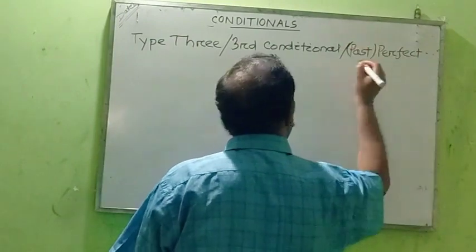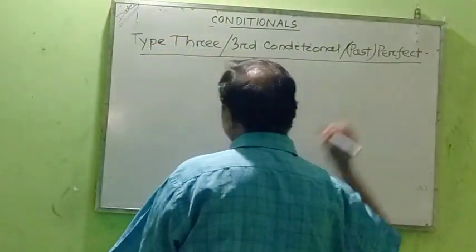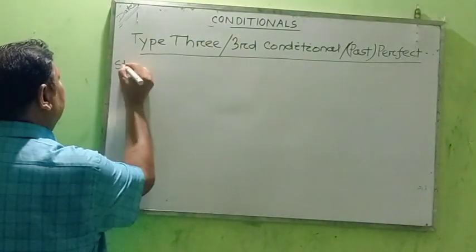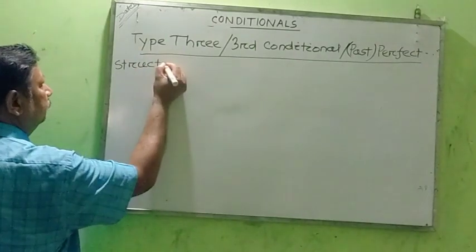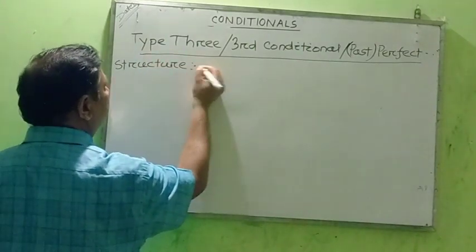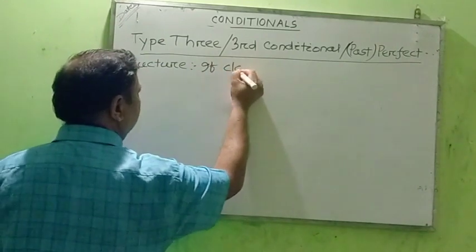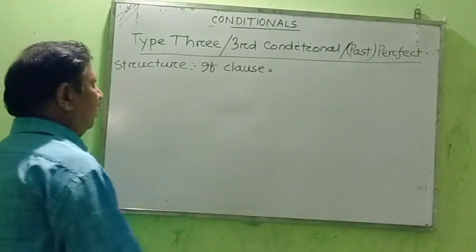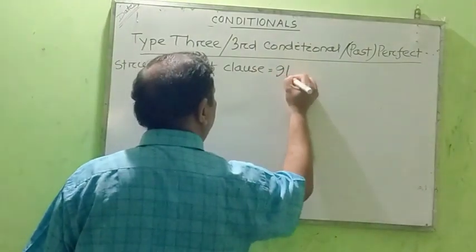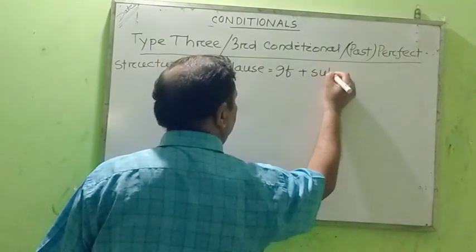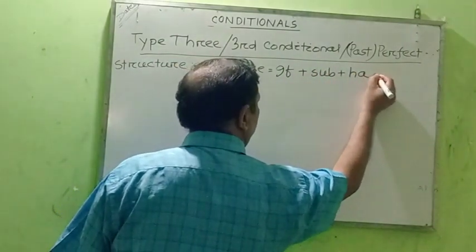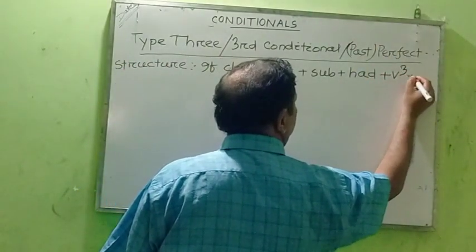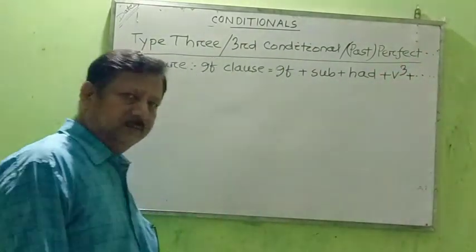Now let us know its structure. How is it made? The if clause is equal to if plus subject plus had, past perfect, plus verb 3 plus any object or complement.